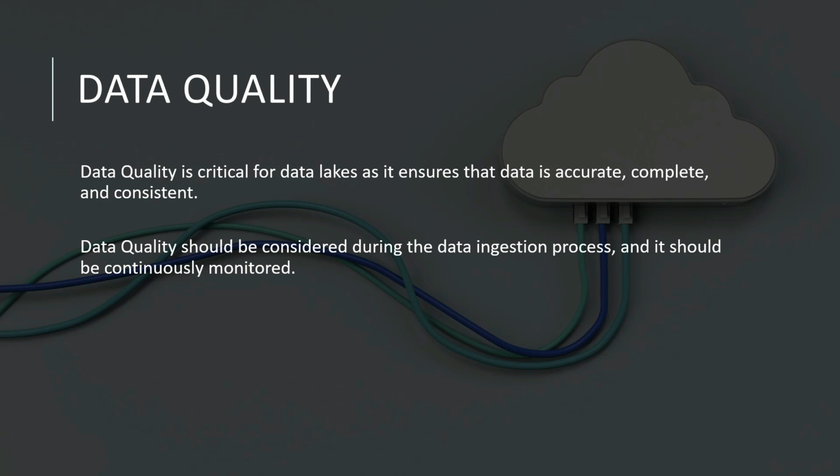So we do checkpoints at every level: during ingestion, the sanity checks and basic checks, during transformation, and while we are giving the data to consumers. At every point, a data quality check is done. It can be technical checks like null checks or junk character checks, etc. It can be business related, where business gives us data quality rules to be applied on the data. So this is an important exercise that we need to do.